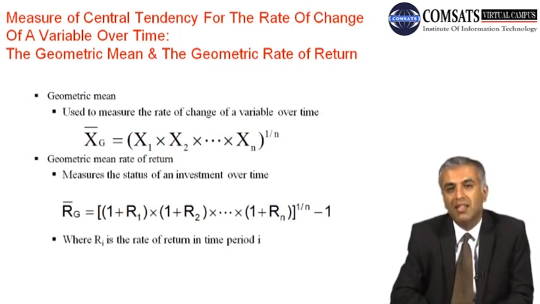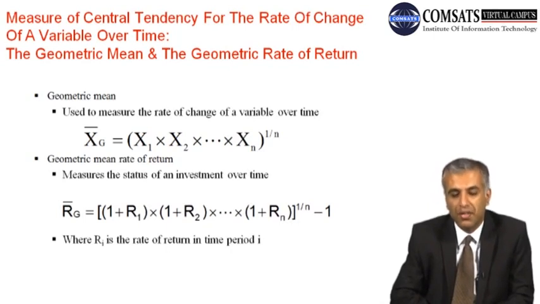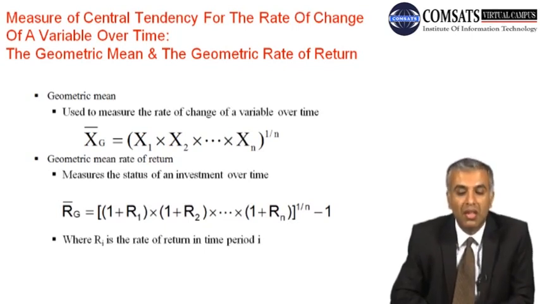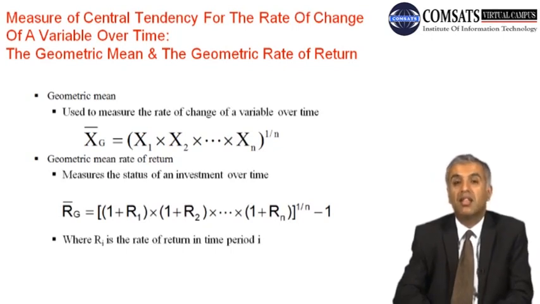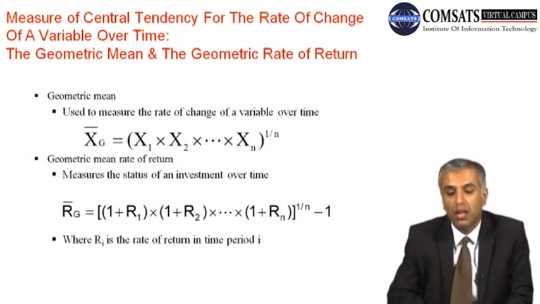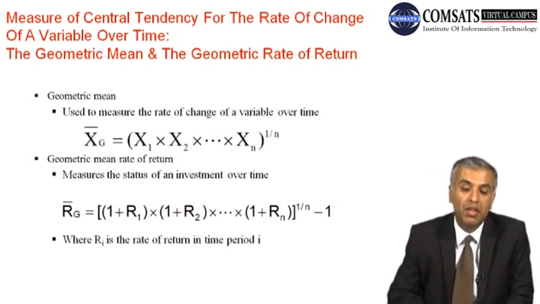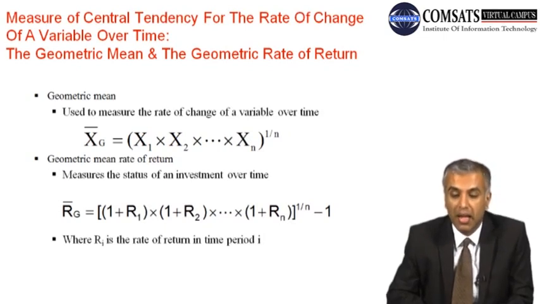Now this is used to calculate the rate of change of a variable over a certain period of time, as you can see from the conventional formula, which is represented by xg bar, the geometric mean of a certain set of numbers or data set, and it is equivalent to the multiplication of the various data values entered, raised to the power of 1 divided by n.